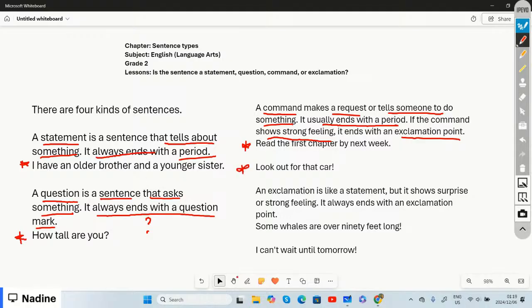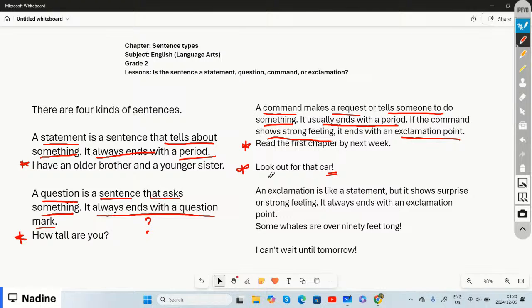It says, look out for that car, and it ends with an exclamation point, which means that this one shows again strong feelings, or stronger feelings. It's like literally telling you to do something because either you don't see the car or something like that.